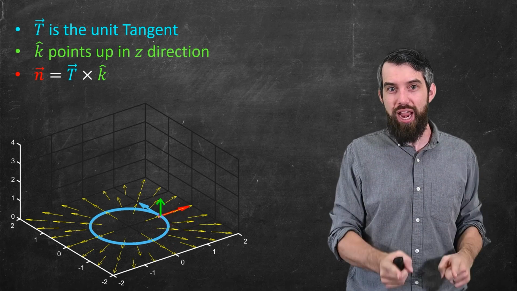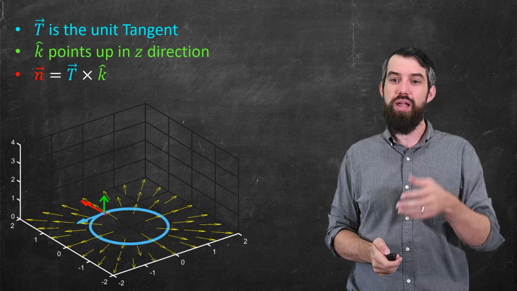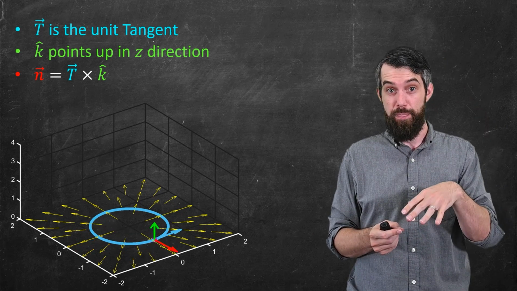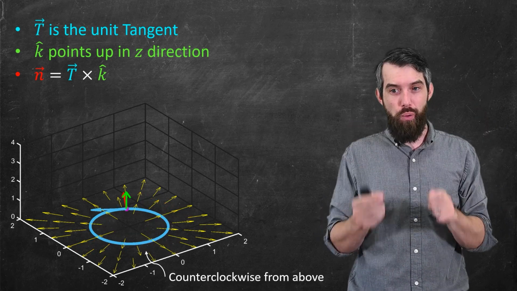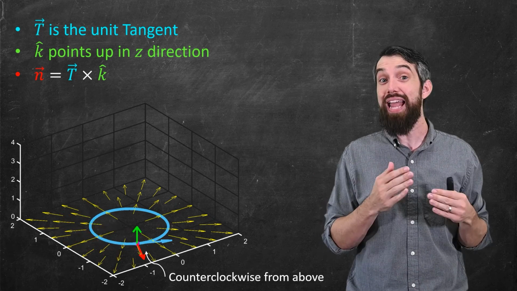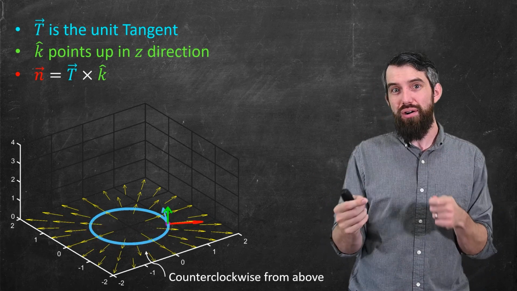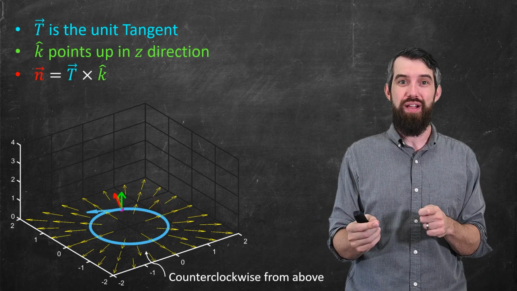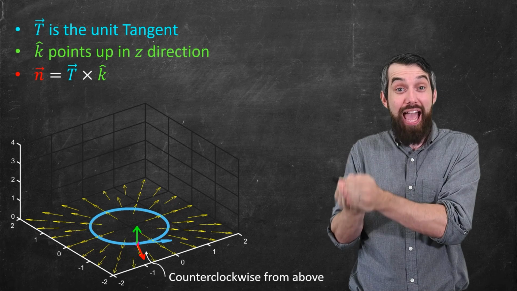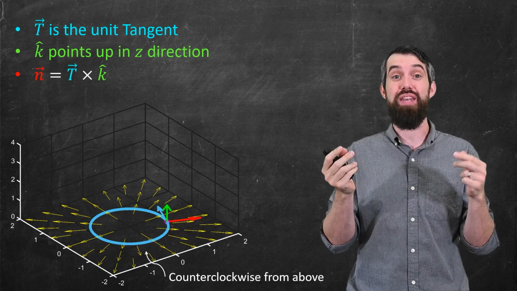Now, I should note carefully here, my curve is right now counterclockwise when looked down on from above. If it was clockwise, then these 3 vectors would no longer obey the right-hand rule. So if your curve was a clockwise curve, then you have to swap this around and do k-hat cross the unit tangent vector instead, and that would give the negative value.